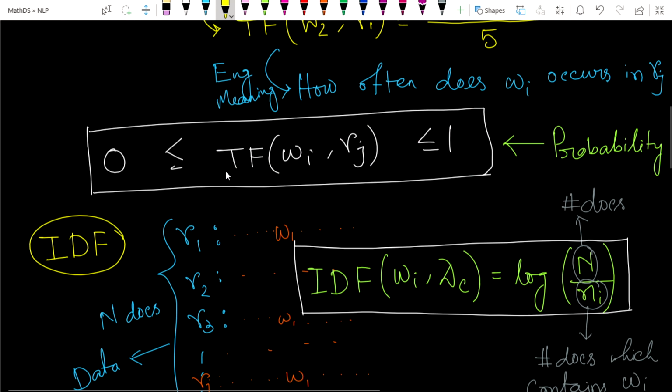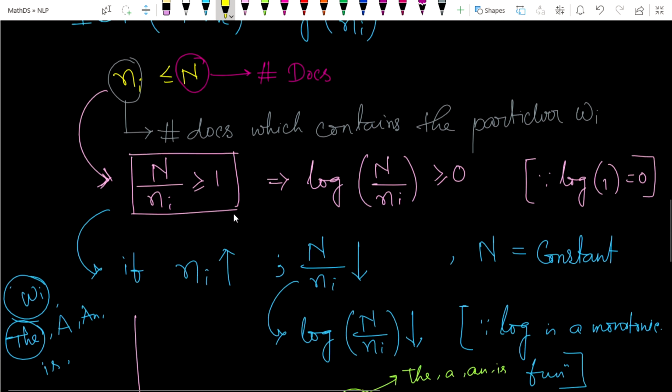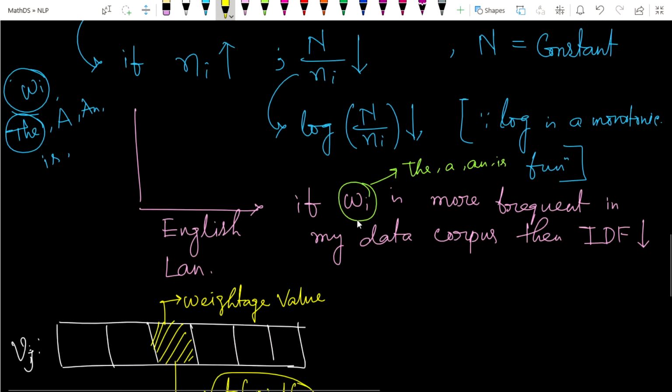And think about what IDF is doing. If wi is more frequent in our whole data corpus, then we give it less importance. For example, words like 'a' and 'the' are very frequent in the whole data set, and they are not important words: they do not carry important information about particular sentences.